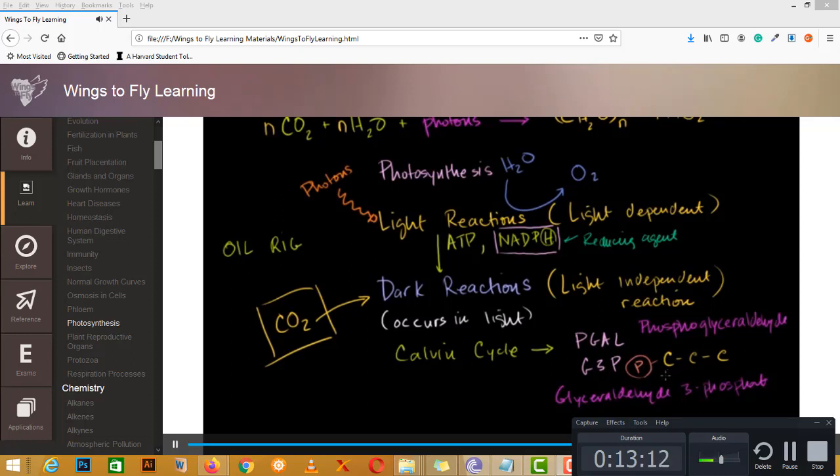And if you remember from glycolysis, this P-gal molecule, or this G3P, same thing, was actually the first product when we split glucose in 2 when we performed glycolysis. So now we're going the other way. We're building glucose so that we can split it later for energy. So this is an overview of photosynthesis. In the next couple of videos, I'm actually going to delve a little bit deeper and tell you about the light reactions and the dark reactions and how they actually occur.